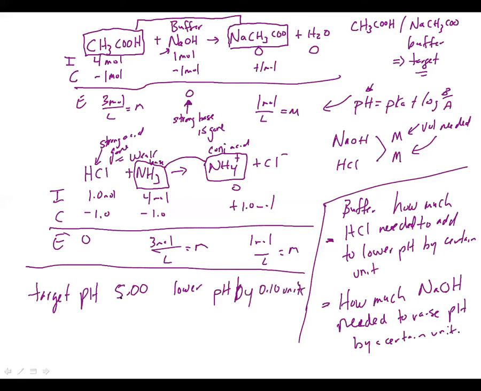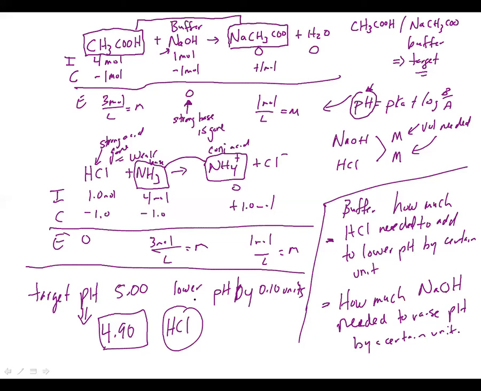That means that our target pH would now become 4.9. That is what you would want to put into your Henderson-Hasselbalch for that part of the experiment, because you're no longer trying to make a buffer at 5. You want to make it at 4.9 to lower it down. So obviously we would add something like HCl to do that, and you would have to figure out how much HCl you need to add.